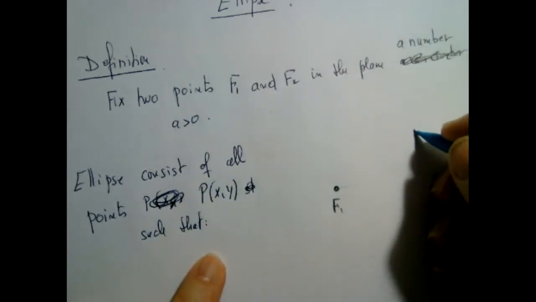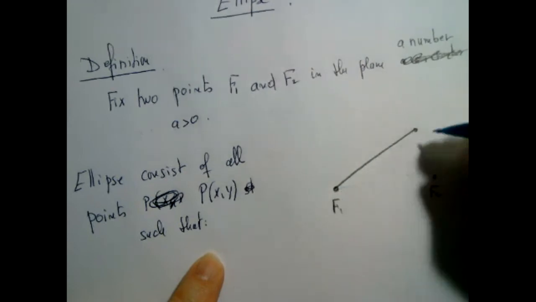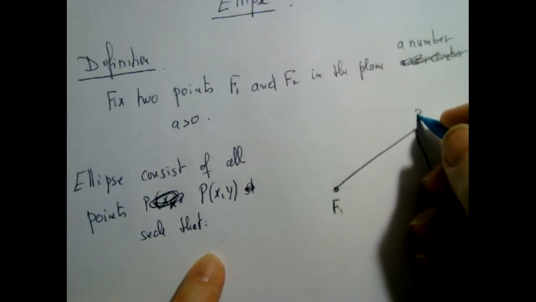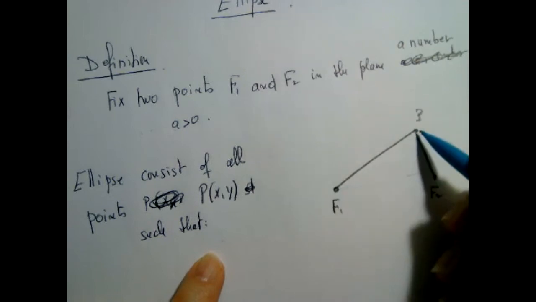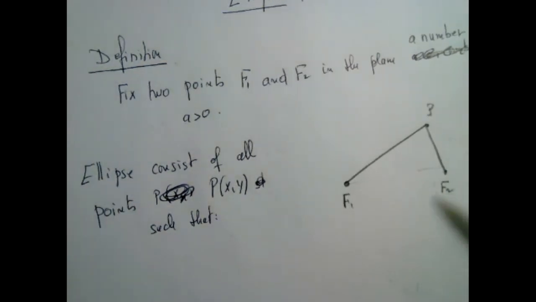It consists of all the points such that the sum of the distance from this point P to F1 plus the distance from P to F2 is a constant number that we call 2a. Why 2a, not a? Because the formula is easier with 2a.